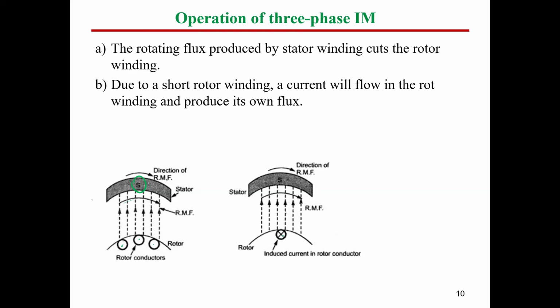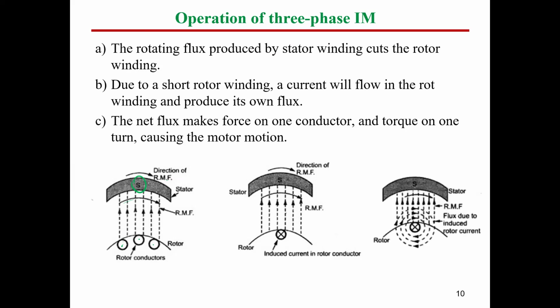There will be an induced voltage on this conductor, and because you have a short circuit across all conductors, the induced voltage will see a closed loop, so a current will start flowing. Once the current starts flowing, guys, it will create flux around the conductor itself. So this is the direction of the flux now around this conductor.